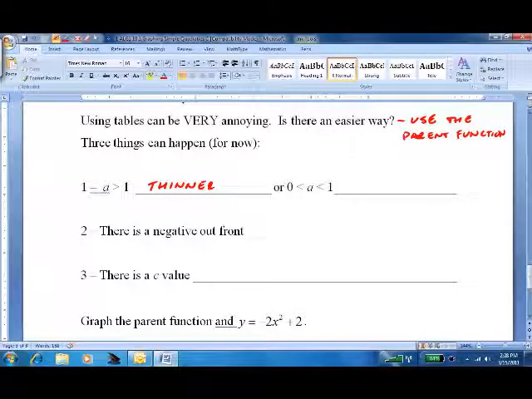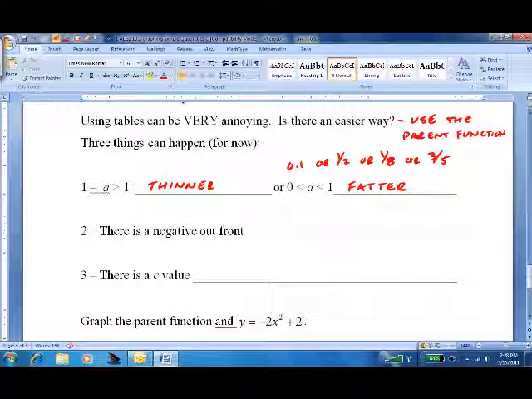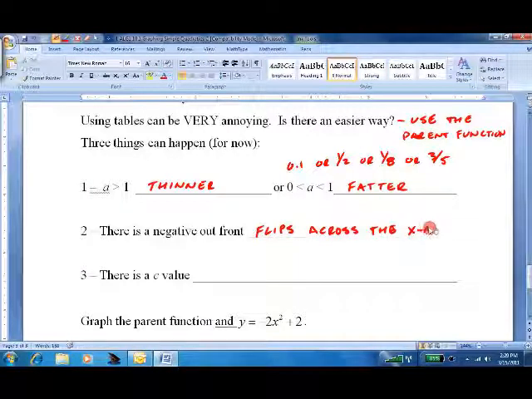If A is between 0 and 1, things like 0.1 or 1/2 or 1/8 or 3/8, 3/5 we'll call it, anything between 0 and 1, it gets fatter. And again, you should probably try that on your graphing calculator to see how it looks. If there's a negative out front, it flips across the x-axis, also known as upside down.